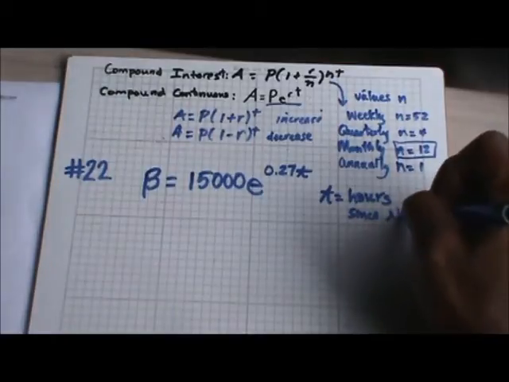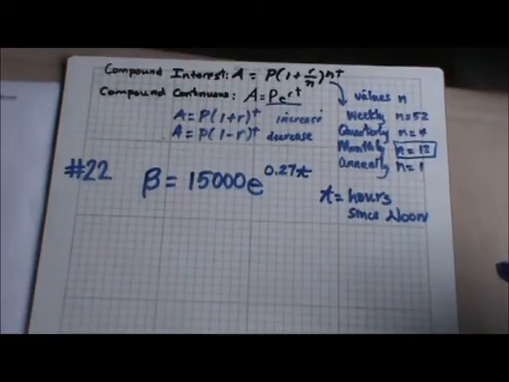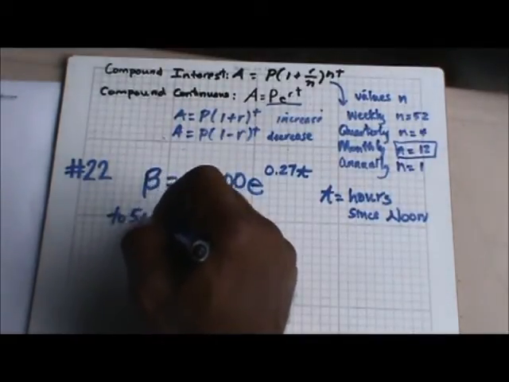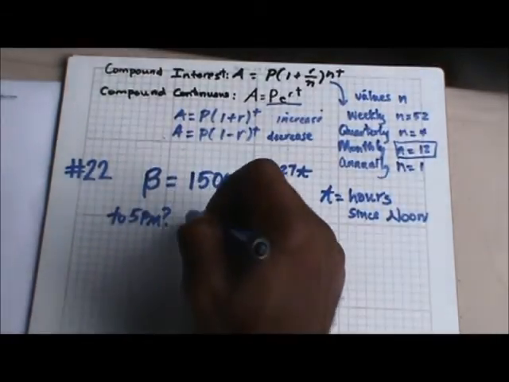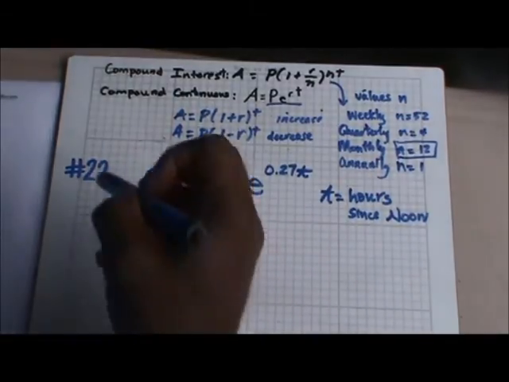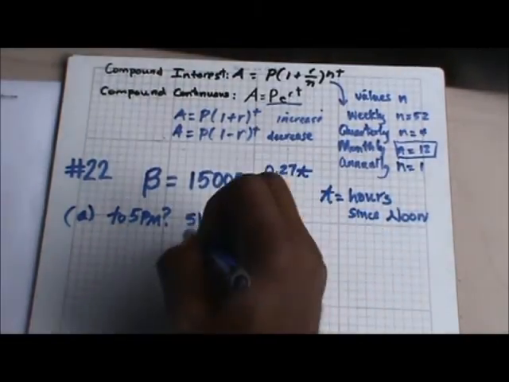The question asks, how many bacteria to the nearest whole number will be present at 5 p.m.? From noon to 5 p.m. is how many hours, guys? 5 hours. So to answer part A, we plug 5 in for T.